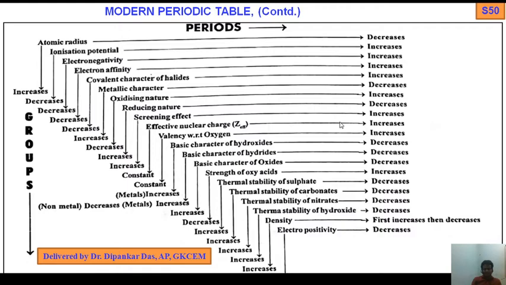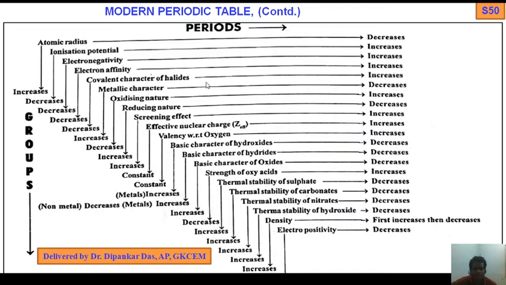So here is a gist of the periodic table: which properties decrease and which increase, both along the periods and down the groups. Atomic radius decreases along the period, increases down the group. Ionization potential increases, decreases. Electronegativity increases, decreases. Electron affinity increases, decreases.